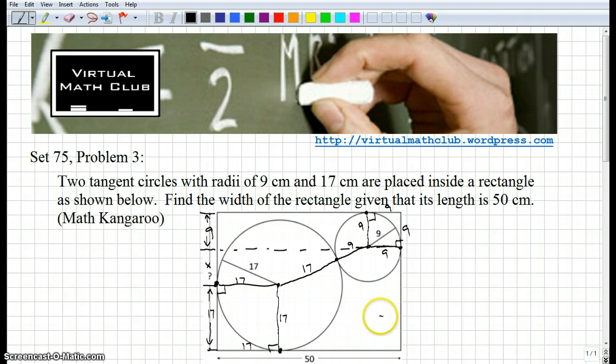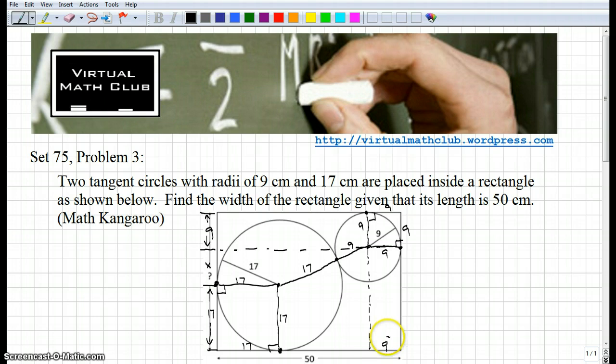I can also extend this radius down to the bottom edge and draw a line parallel to the edge over here. So then this is 9.